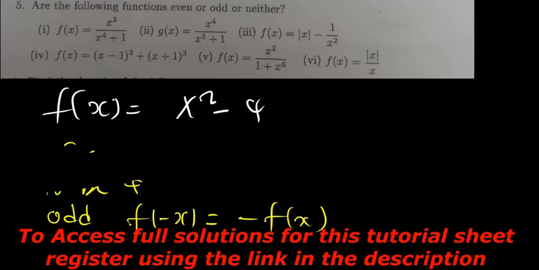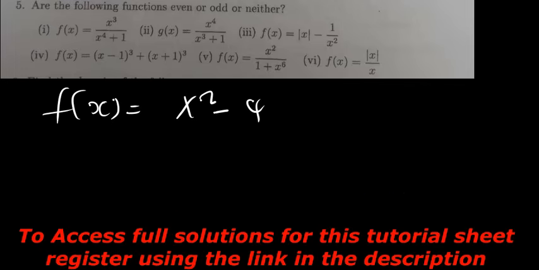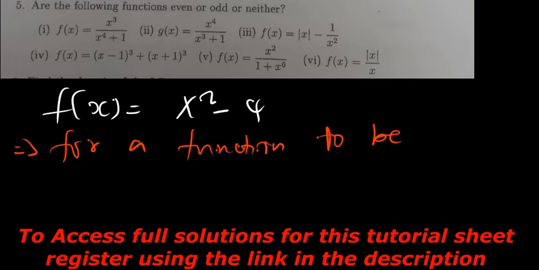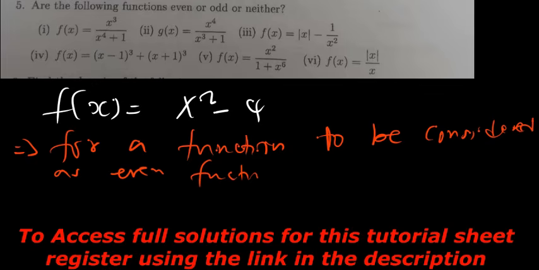It's not that everyone can write the same thing, no, but this one is going to be neat. For a function to be considered as even function, f of negative x should be equal to f of x.